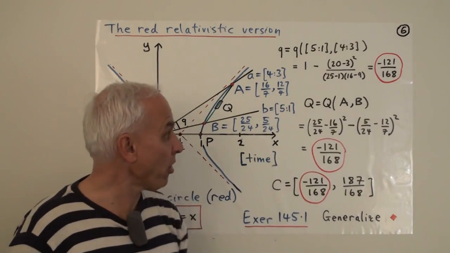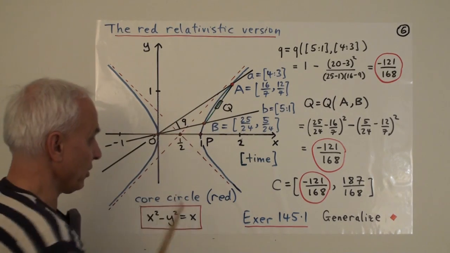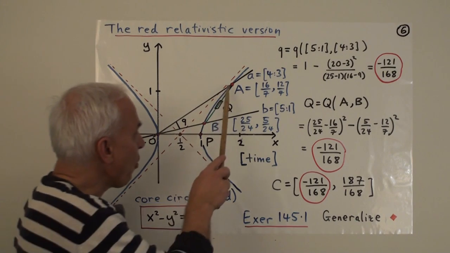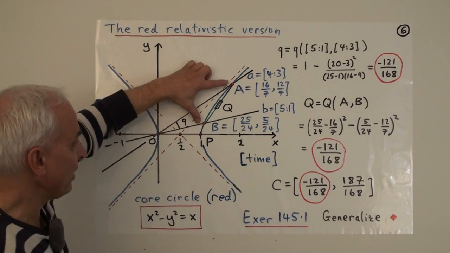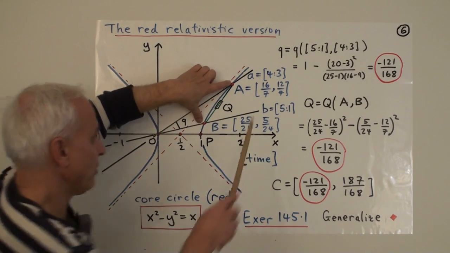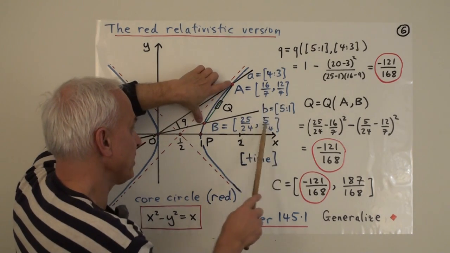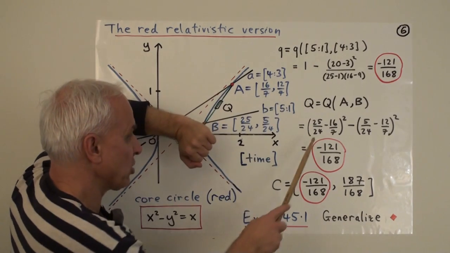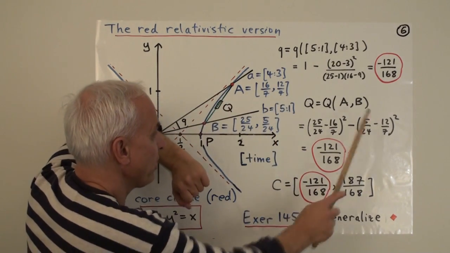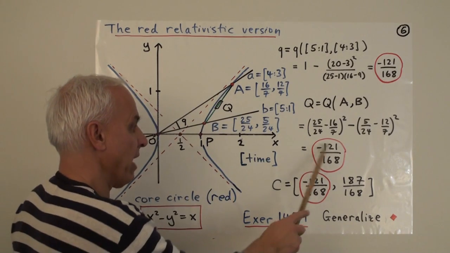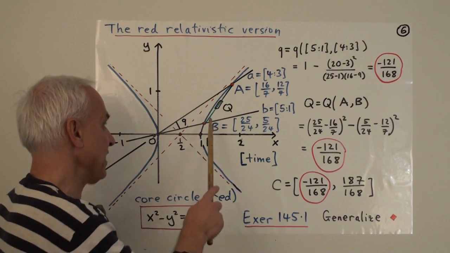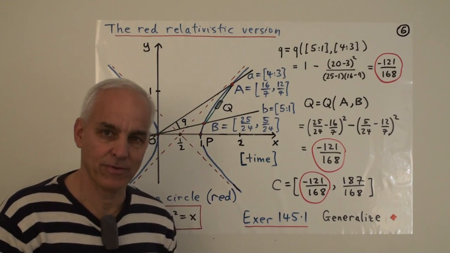And we've seen that before because we've had a look at these two particular lines previously. What about the ordinary affine quadrants between these 2 points, still in the red setting. So now it's just a question of taking these points, taking the difference between the x-coordinates squared minus the difference in the y-coordinates squared, and that turns out to be minus 121 over 168, which of course is exactly the same as this projective quadrants.